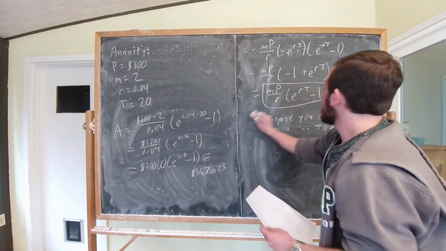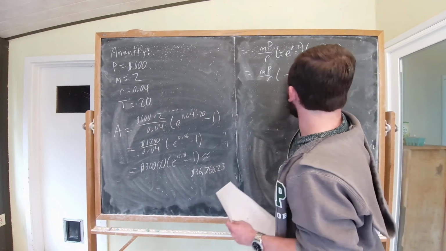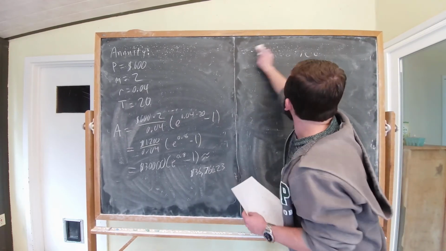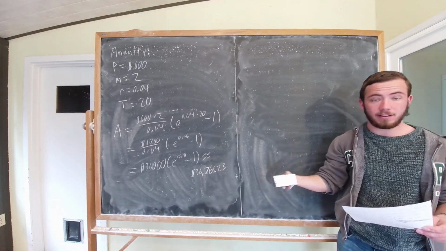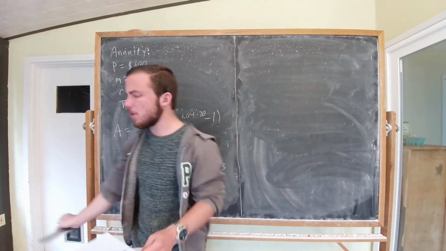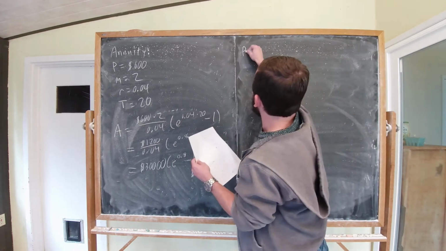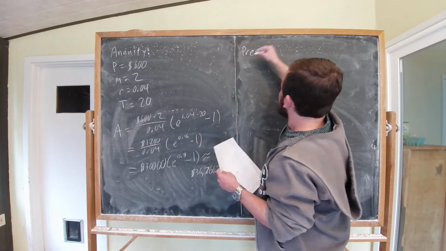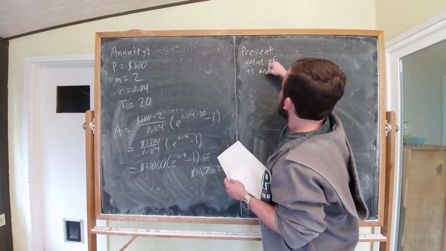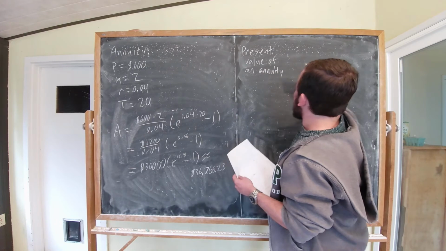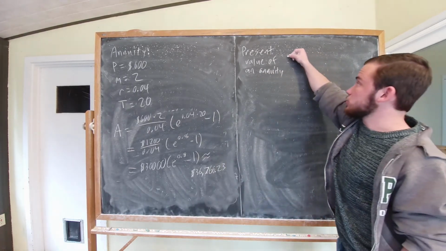Before our next example, let's also note, just like we have a total value for our annuity corresponding to an accumulated amount for an income stream, we can do the same with the present value. And we can say that the present value of an annuity, it's the exact same derivation as the one for a total value, so I won't redo it.